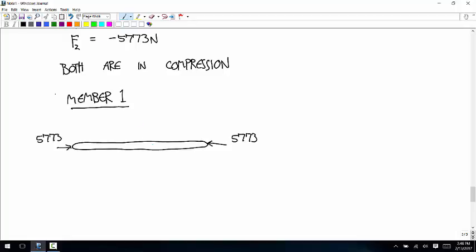And I'll put the x-axis along the long axis of the beam. And so the XX stress is equal to negative 5773 divided by the cross-sectional area, which was 5 times 10 to the minus 4. This is newtons. This is meters squared. And can someone divide that?